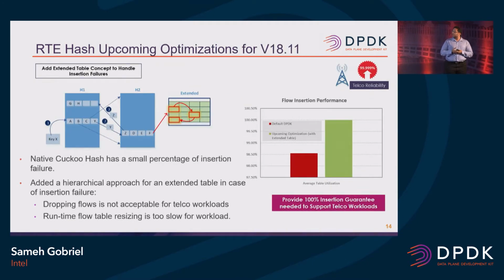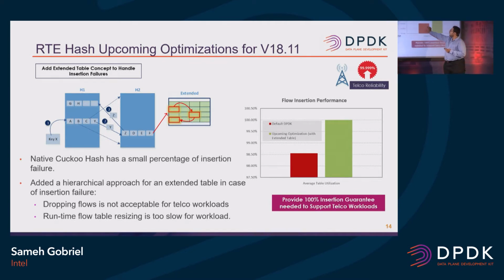For 18.11, I think I will be able to submit this patch tonight. I told you to remember the 98% number. Although cuckoo hashing, or the RTE hash implementation, provides very good table utilization and you can insert almost all your keys, there is still a 2% probability that you will not be able to insert a key.